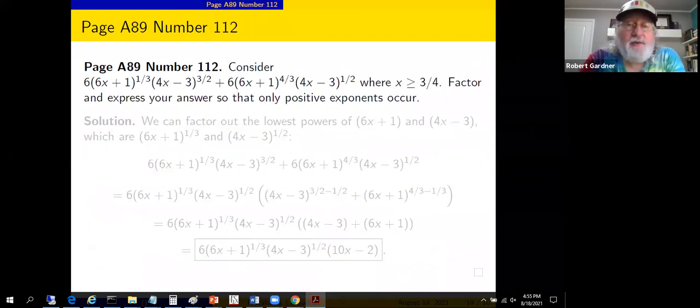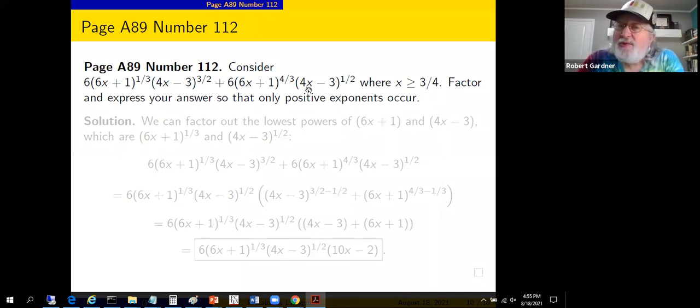Let's do, yeah, this is the last one, I think. Let's consider this expression. X is greater than or equal to 3/4. What's up with that? You see this? 4x minus 3 to the 1/2 power. So it's the square root of 4x minus 3. If x is greater than or equal to 3/4, this is non-negative.